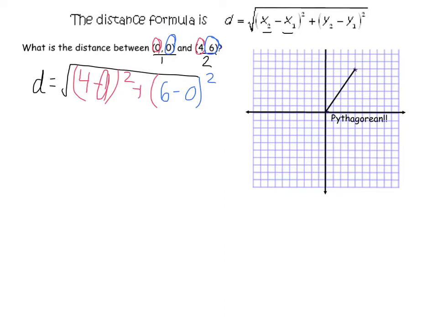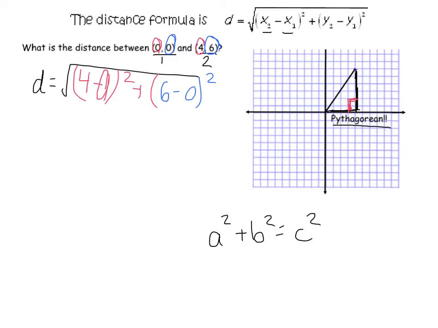Alright. So, let's talk about what this means. If you think Pythagorean, a squared plus b squared equals c squared. Take a look at what we've got here. We've got a triangle, and it's a right triangle because you've got this vertical and the horizontal.